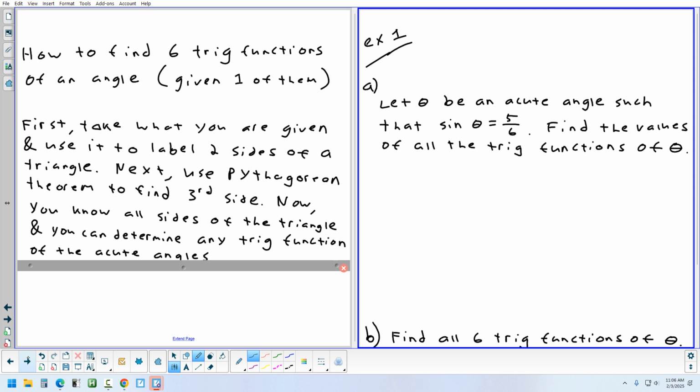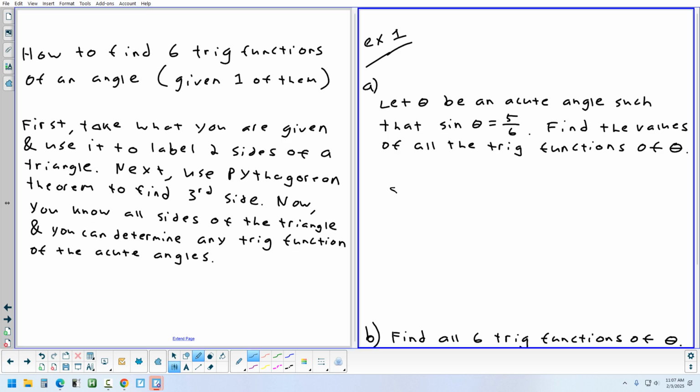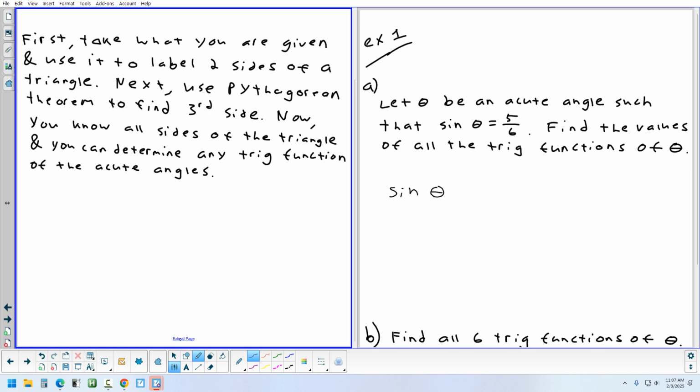So let's try that on this one. It says the sine is 5 over 6. Since I have enough space, I'm going to do all my work on the left, and I'll put all my answers on the right.